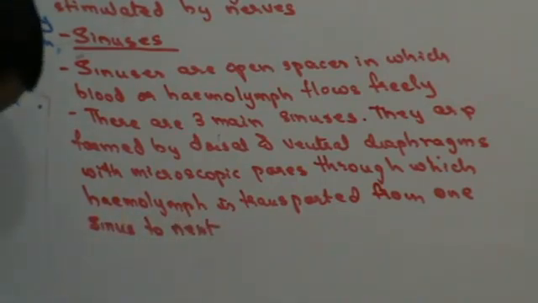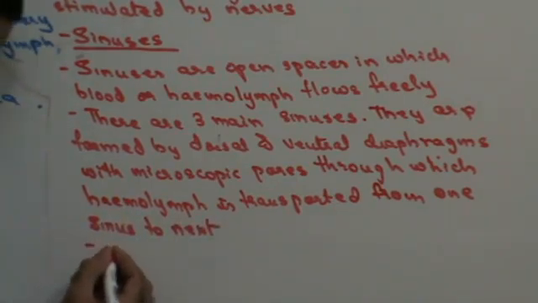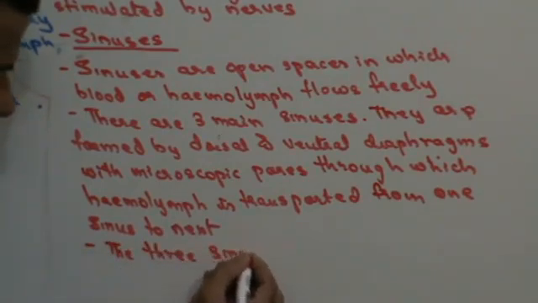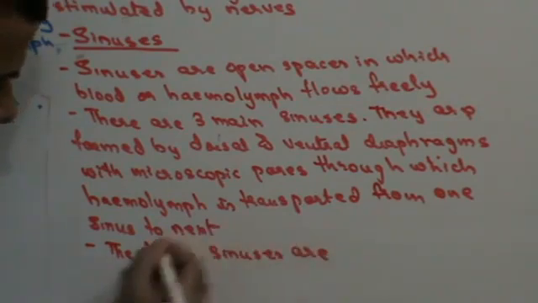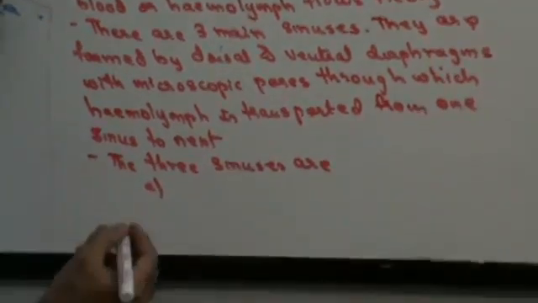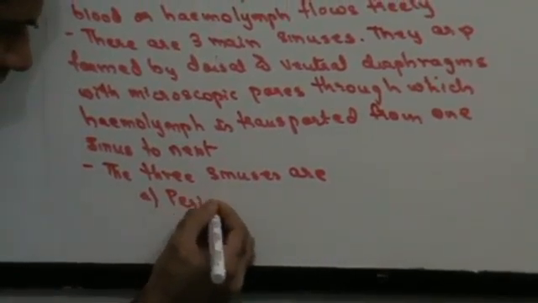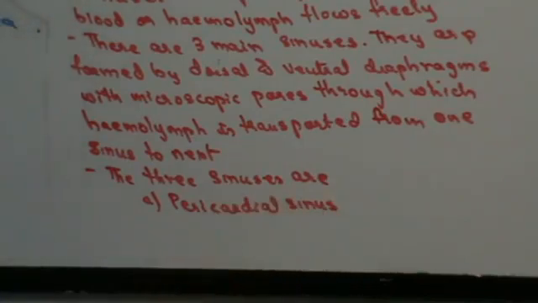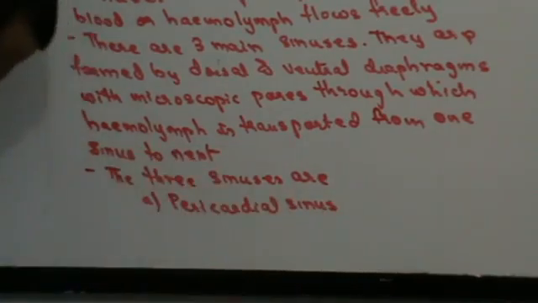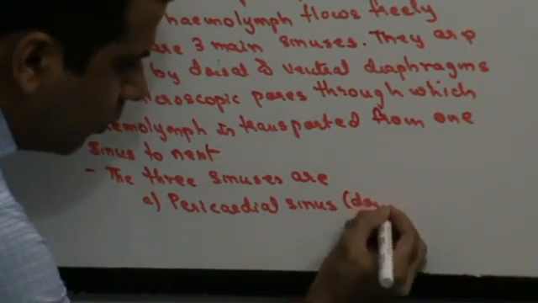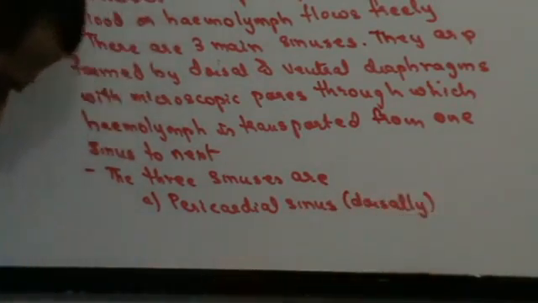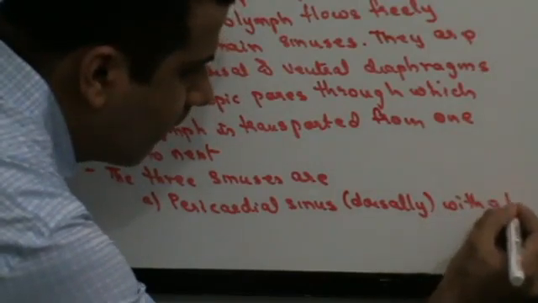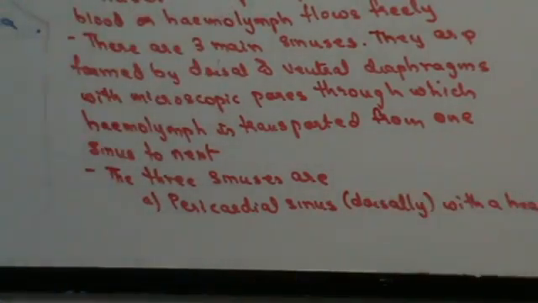Now, the three sinuses are: A, the pericardial sinus, which is present dorsally with the heart.